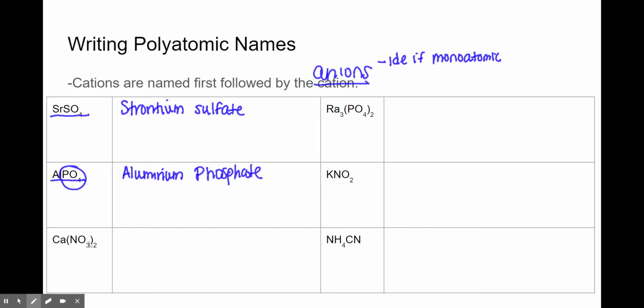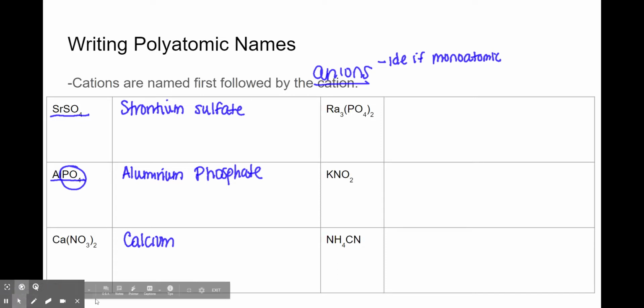When there's more than one, it makes it super easy because the parentheses are around the polyatomic ion. So I know the first part is just a monoatomic ion. So Ca is calcium. Then I need to figure out what the NO3 part is.